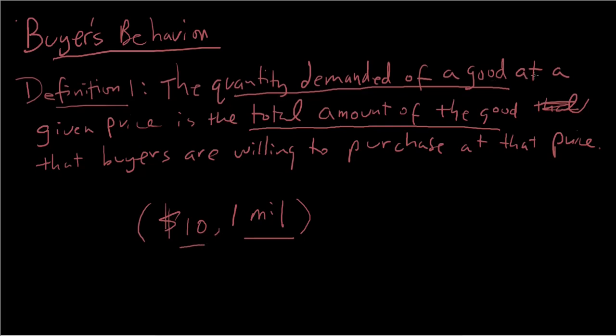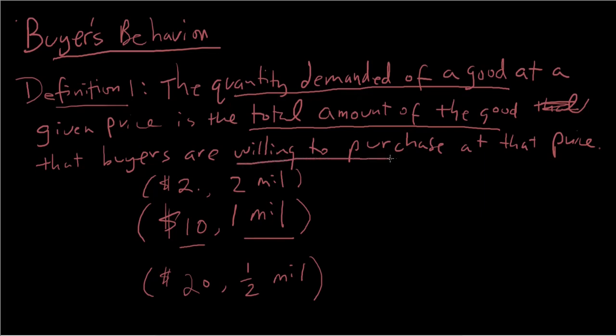Obviously, if the given price is different, say $20, then probably some people think that is too much. So let's say 500,000 units are demanded there. Or if the price has become really cheap, say $2, then maybe some more people are purchasing, say 2 million units are demanded, and so on. But note that this represents the buyer's willingness to purchase.